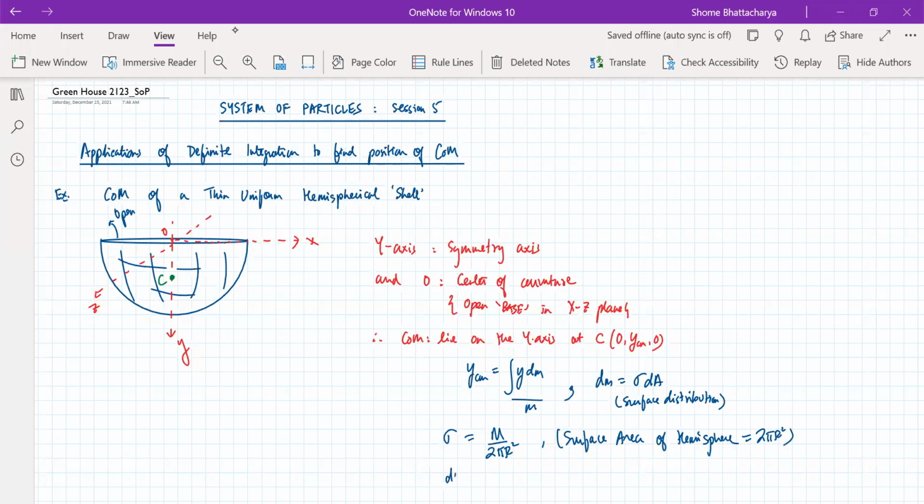But dA, we will take as the area of a thin differential ring sliced by a plane parallel to the XZ plane. So that geometry now looks like this.